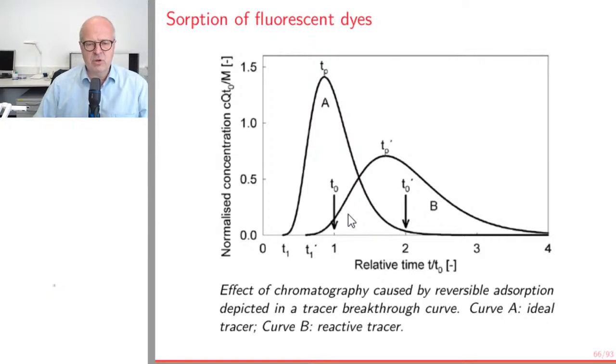This means the curve is lower, dispersed more, because the tracer is sorbed to a surface and then released. And of course this is not what you want, because you want to have a true value of your velocity, and now your estimation of tracer velocity is biased, is wrong if you have sorption.